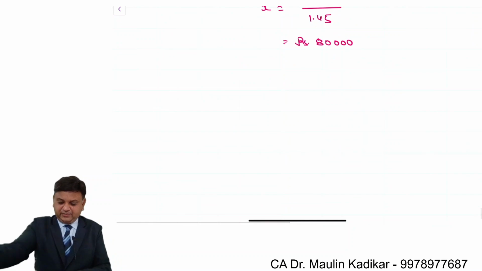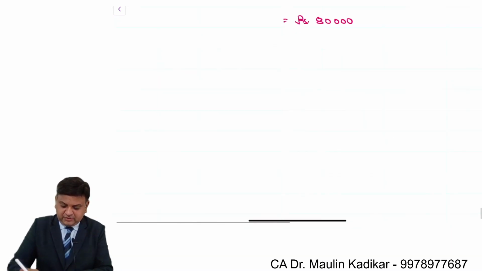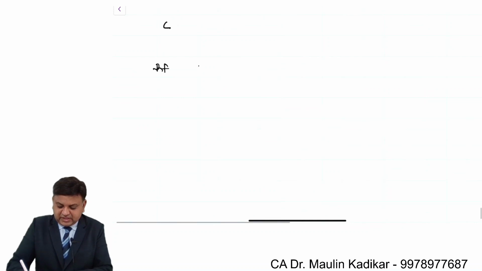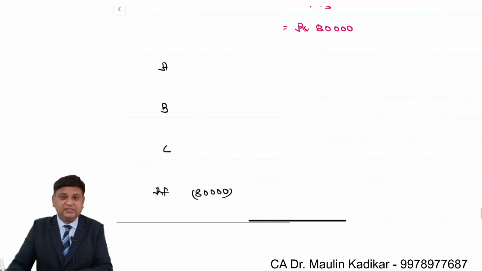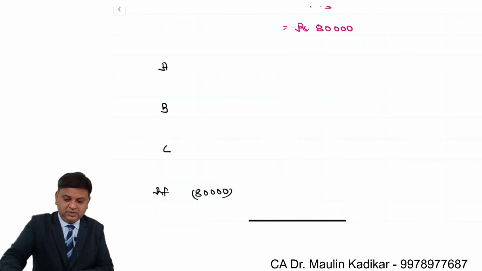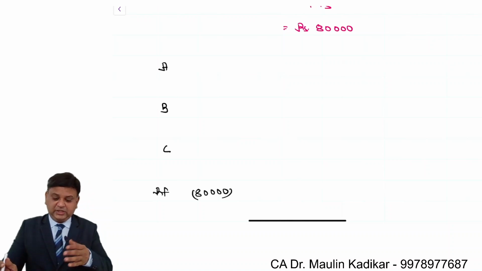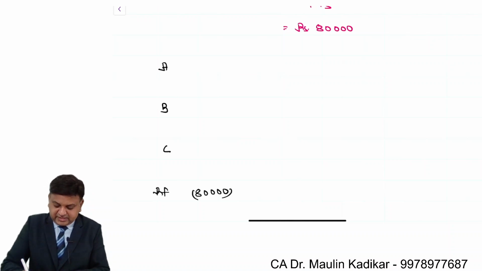Again, only for understanding purposes, I am giving you cross verification. It is A, it is B, it is C, and it is RF. What is the amount that you borrow? It is 80,000. Investment in A, listen carefully, is 80,000 into 0.5, that is 40, 40 plus 50 is 90.